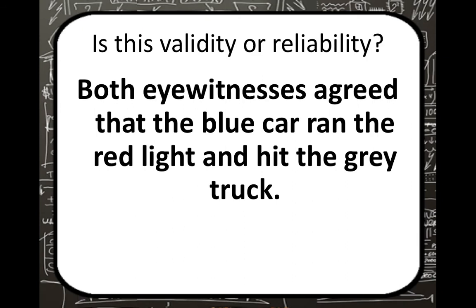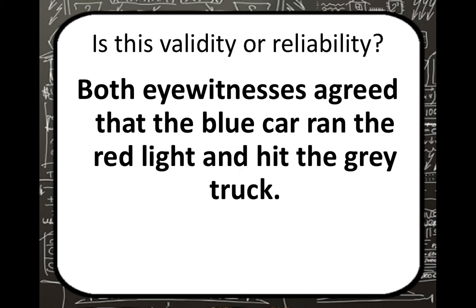So some examples. How can you tell if we're talking about validity or reliability? Validity being we're measuring what we want to measure, or the accuracy, right? Versus reliability, is it consistent? Do we get similar results? So this example: both eyewitnesses agreed that the blue car ran the red light and hit the gray truck.